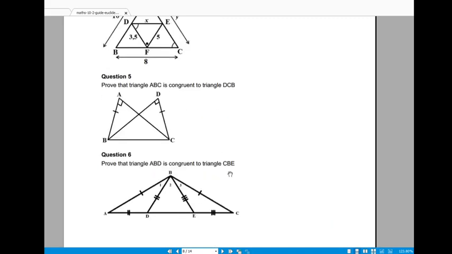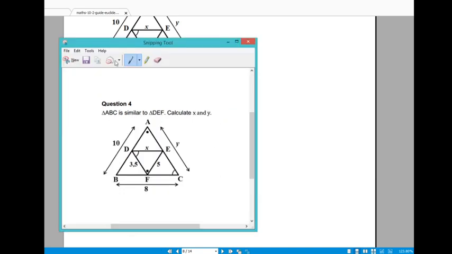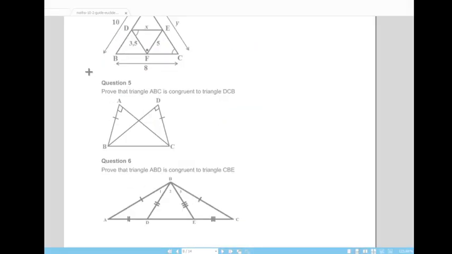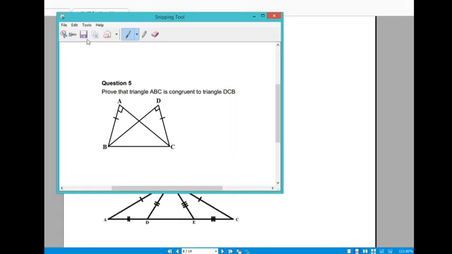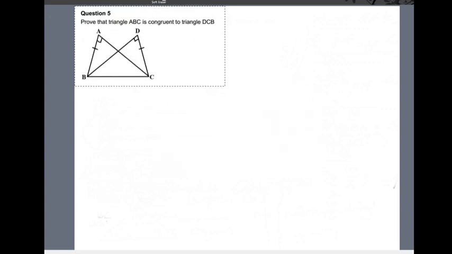Question 5. So in question 5, they want us to prove that these triangles are congruent, right?